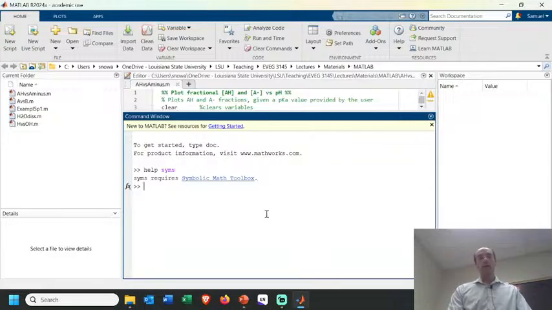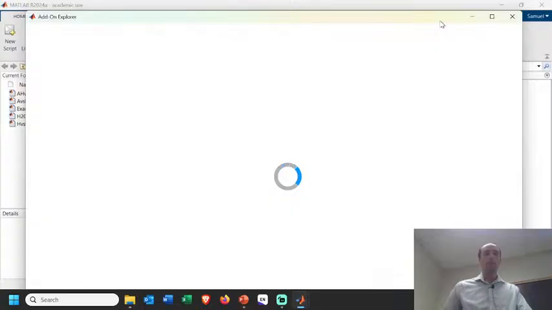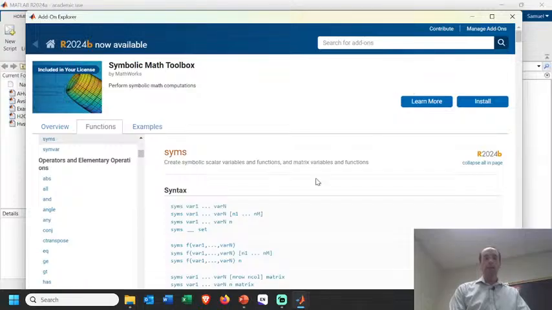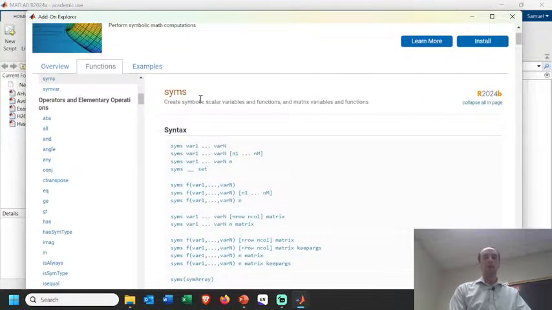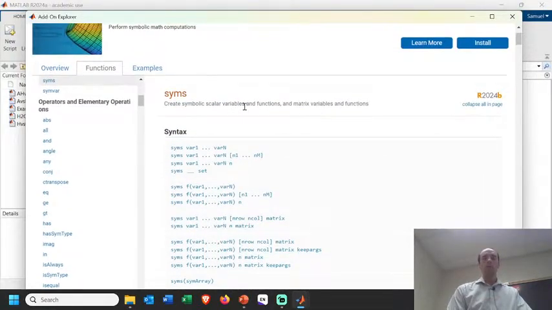I thought, maybe this is the solver add-in, or maybe it's something I have to buy. I don't know. But it looks hyperlinked, so let's click it. It brought me to the Add-On Explorer, which said Symbolic Math Toolbox. It says create a symbolic scalar variable, and that was something I could use with the solving equation.